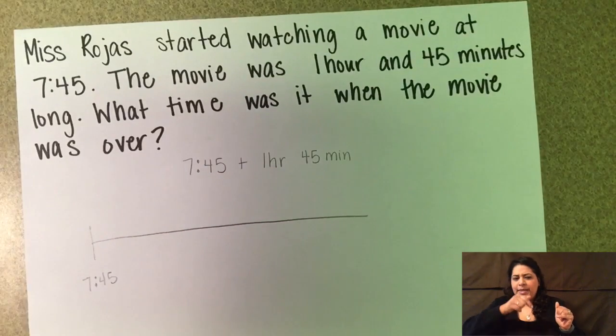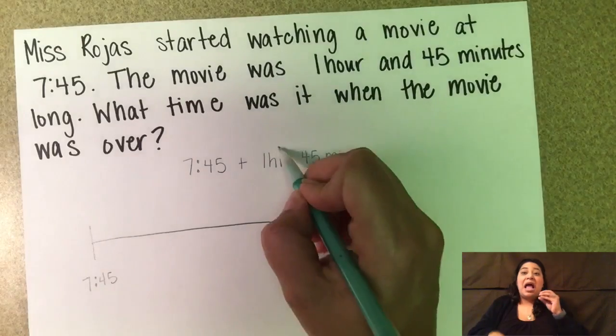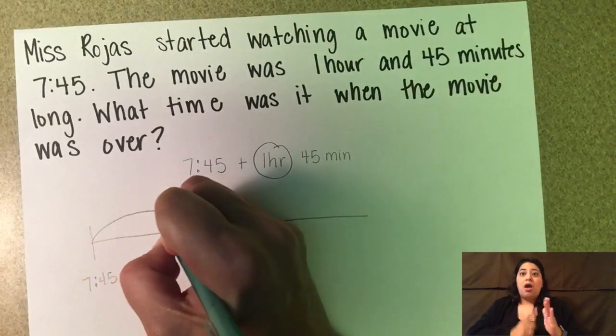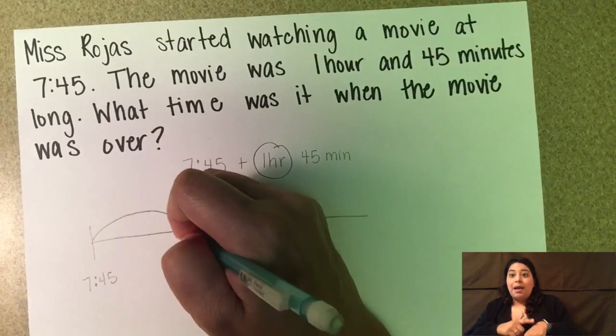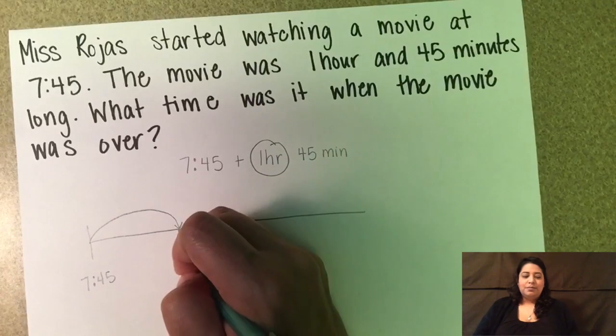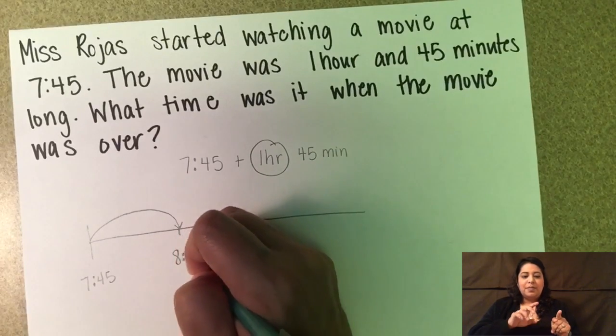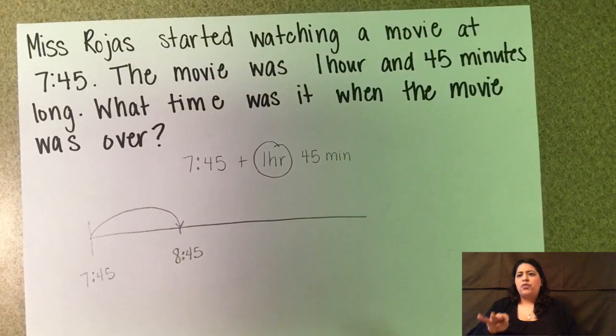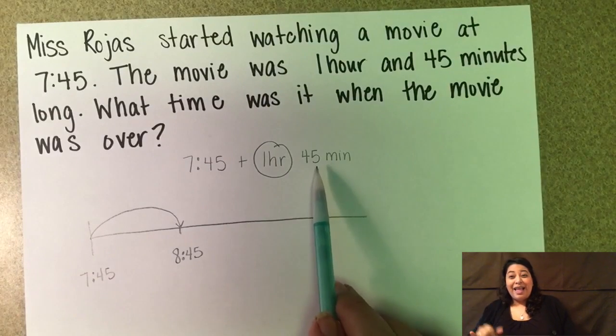Okay, now this one's kind of easy to start with because the first thing I want to do is I want to add that hour, because I know 1 hour from 7:45 is going to be 8:45. Okay, that's really easy for me. Okay, now I have 45 and I have 45.